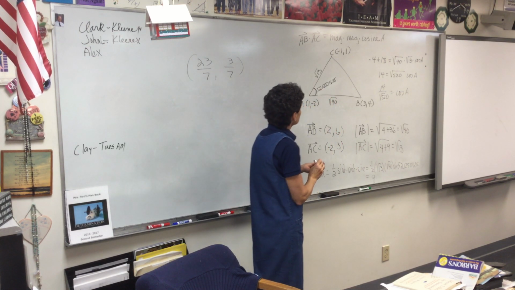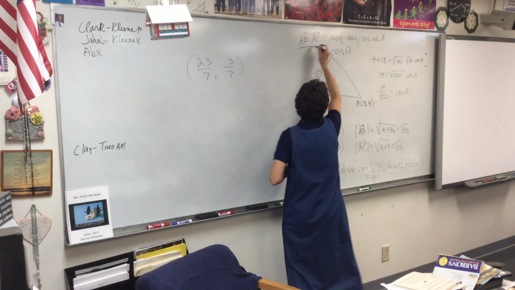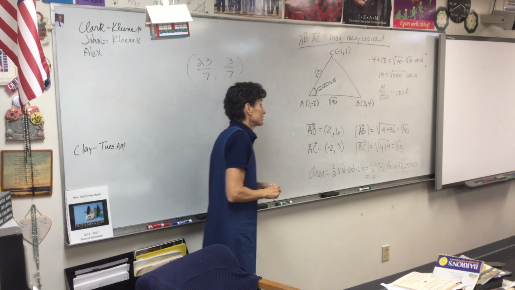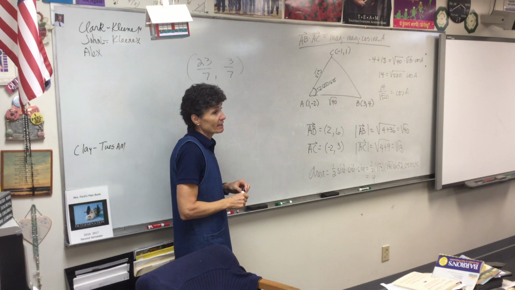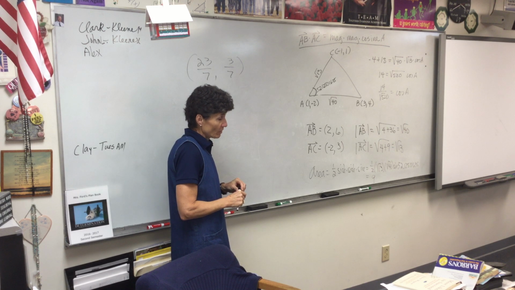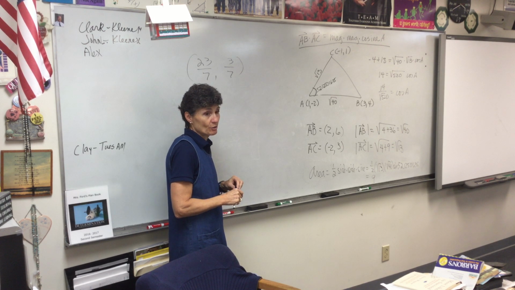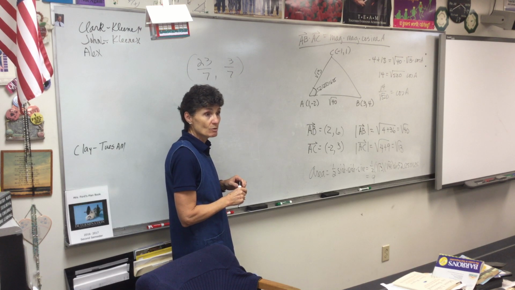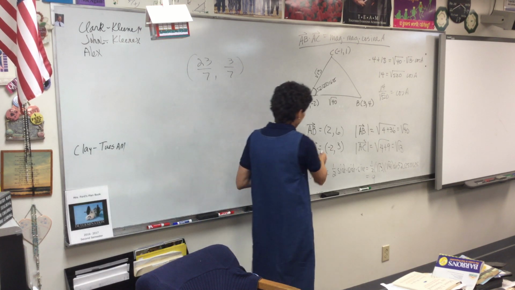So I remembered that in order to find the angle between two vectors, dot product equals magnitude times magnitude times cosine. Oh my gosh, maybe I forgot that. So I'm reminding you, dot product equals magnitude times magnitude times cosine. So I know the dot product here.